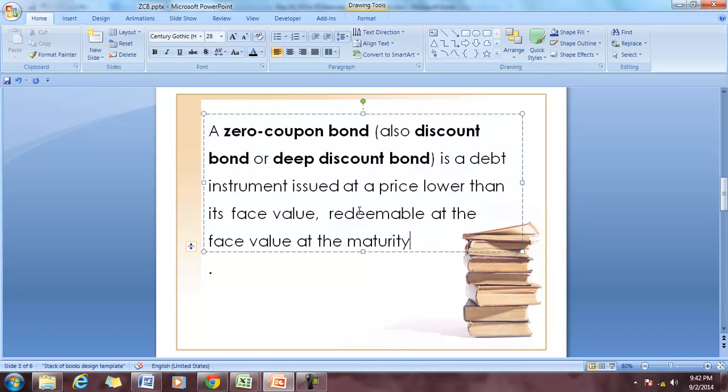The difference between the issue price and the face value is treated as the discount. A zero coupon bond is another type of debt instrument, but there is no interest paid during the life of the bond.